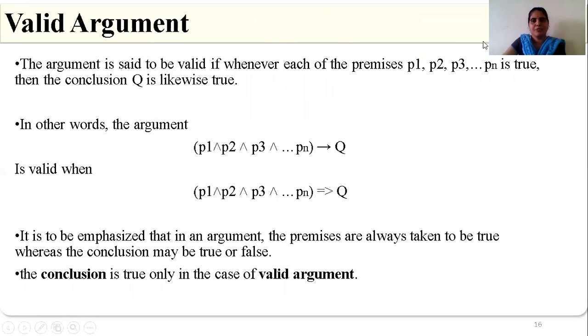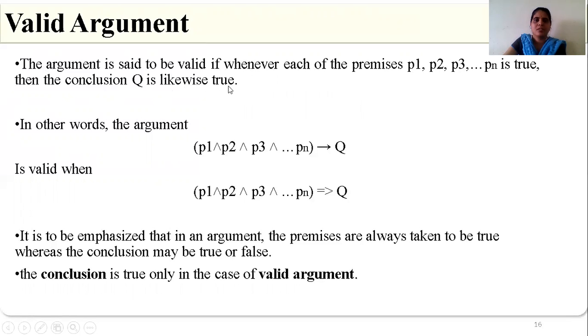Next, if we have an argument, then we need to check the validity of the argument. That means, when can we say that the argument is valid? The argument is said to be valid if whenever each premise P1, P2, P3 up to Pn is true, then the conclusion Q is true.